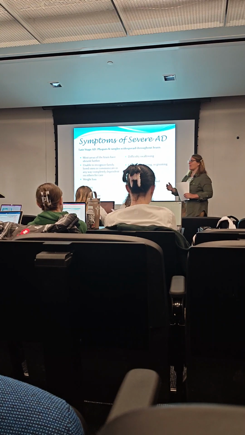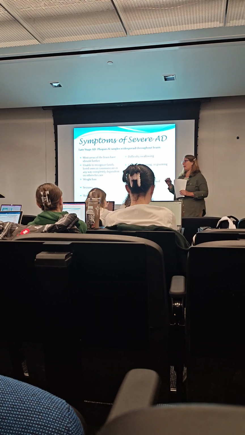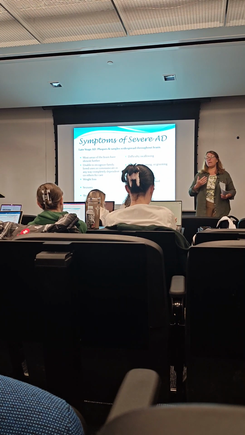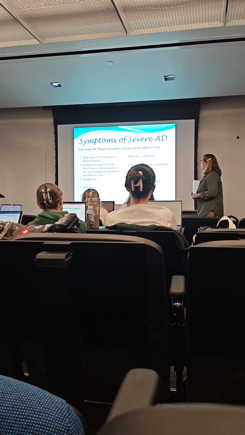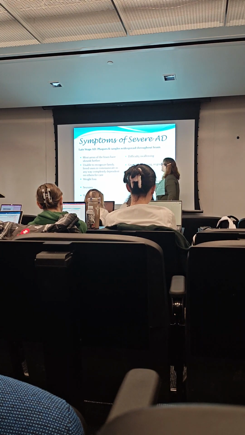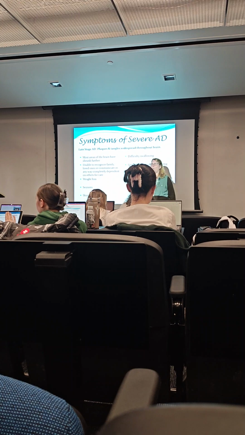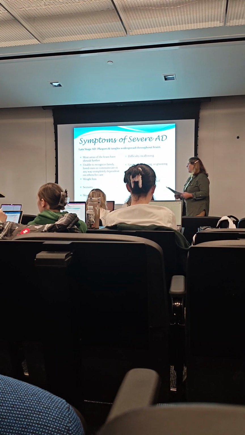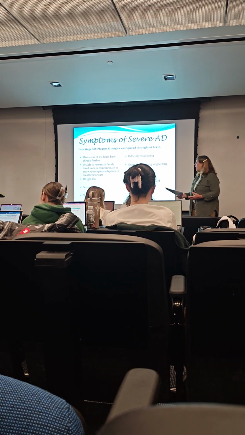This progresses to end of life eventually, right? The patient can become bedridden, completely dependent, incontinent, and eventually will reach end of life. They are unable to recognize their loved ones or communicate in any way, so they are nonverbal and completely dependent. They're not eating well, so you see weight loss and muscle atrophy.